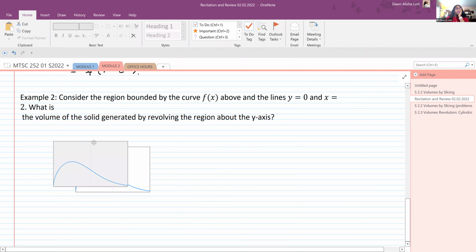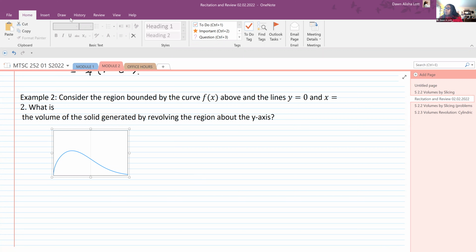I'm going to make it just a wee bit smaller. Okay, so we're going to take the same region above and we're going to revolve it about the x-axis.